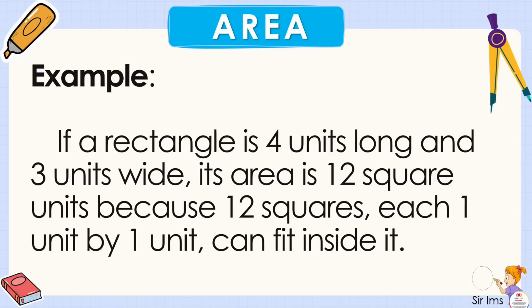For example, if a rectangle is 4 units long and 3 units wide, its area is 12 square units, because 12 squares, each 1 unit by 1 unit, can fit inside it.